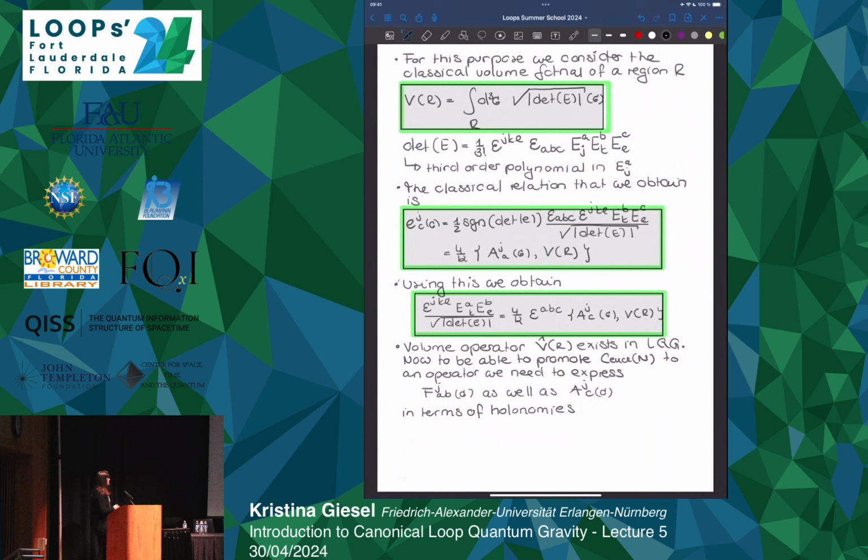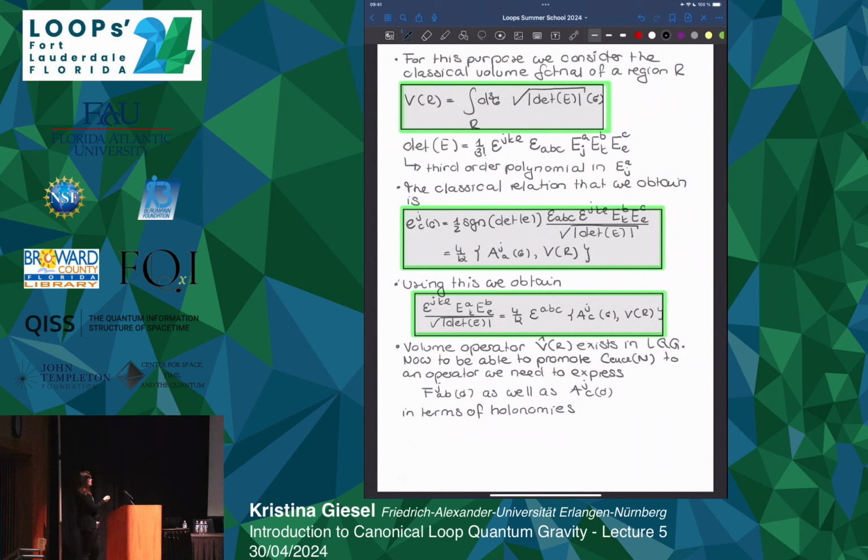Now the determinant, if I write it explicitly in terms of the densitized triad, shown here below, is a third order polynomial in the E's. So therefore, I have an outer derivative coming from the square root if I differentiate this with respect to the densitized triads.